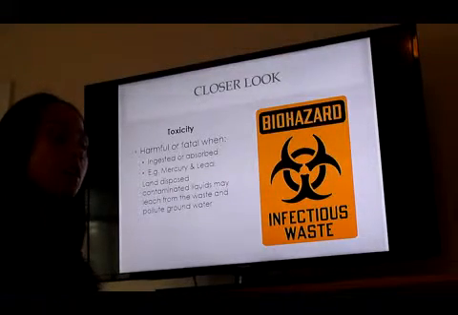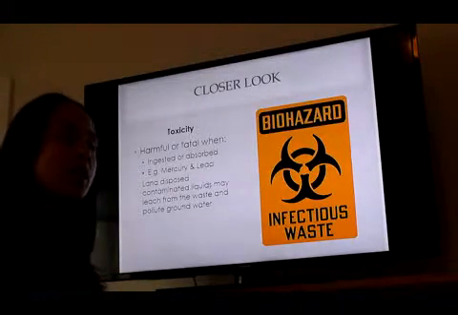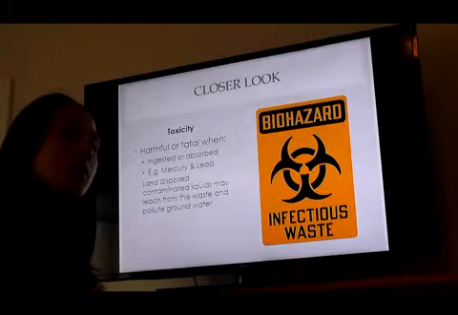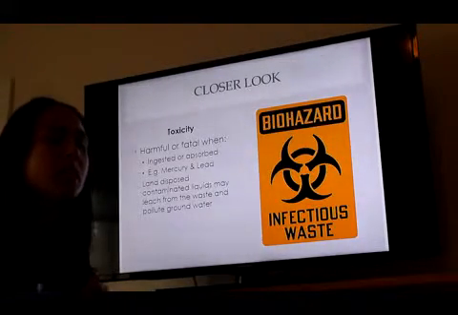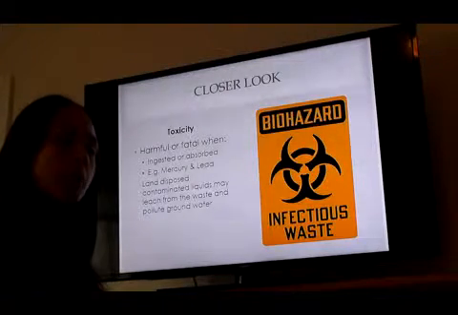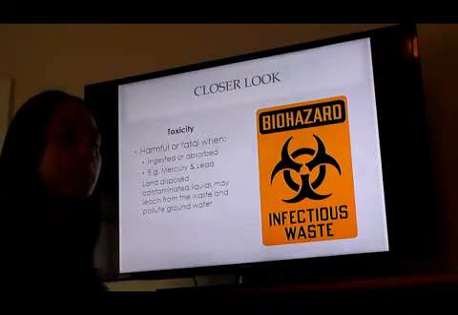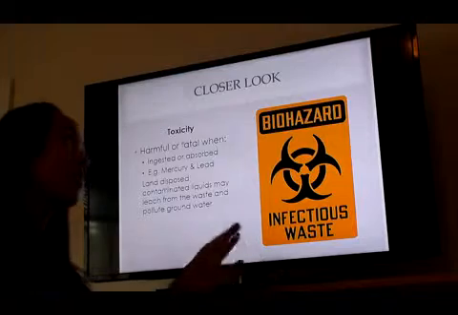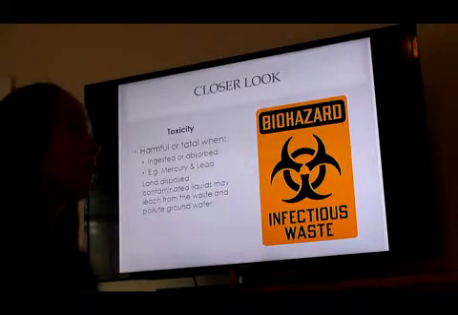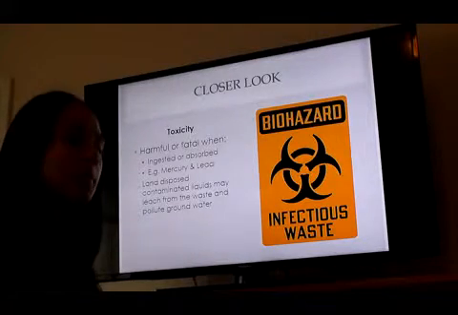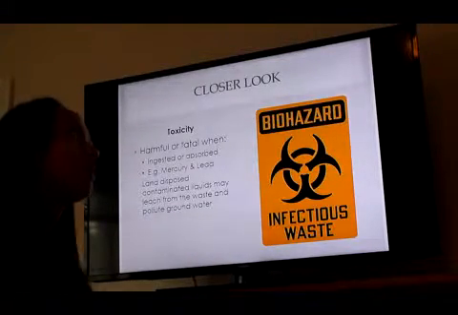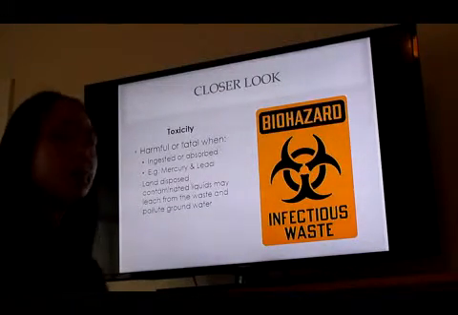Toxicity is harmful or fatal when ingested or absorbed. An example is mercury and lead, and land disposed contaminated liquids may leach from the waste and pollute groundwater. And right here I have an example of a biohazard infectious waste sign. I feel like this is the most well known to people. They've seen it often in movies or anywhere, like a hospital.